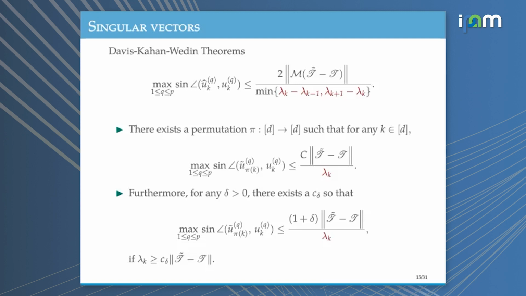So in a way, if you project to u_k, it's hard to differentiate that from the projection into u_{k+1} or u_{k-1}, because the singular values are so close. So the projection itself doesn't allow you to differentiate among them.